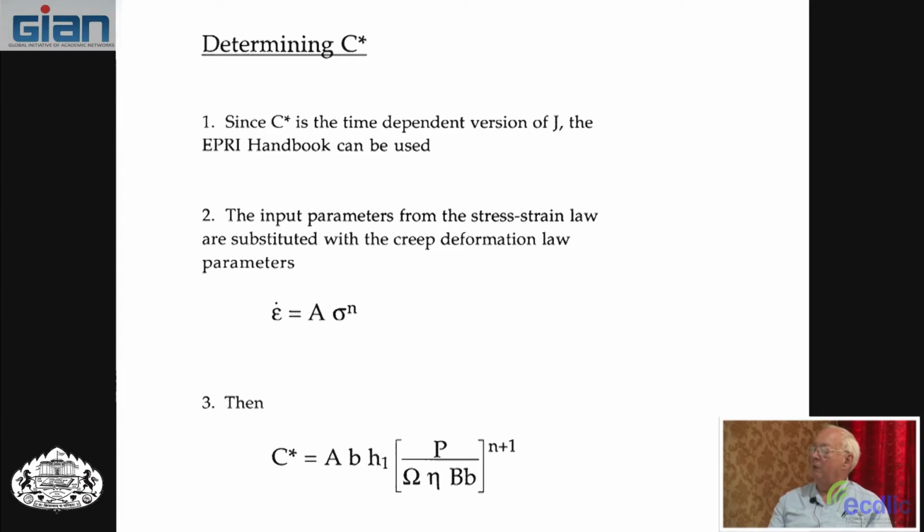And you can use it from the J handbook by just using this power law which goes into the J handbook, but putting time derivative where you would have just strain in that. So here's an equation. You don't need to do that, but there's an equation that's easy to generate.